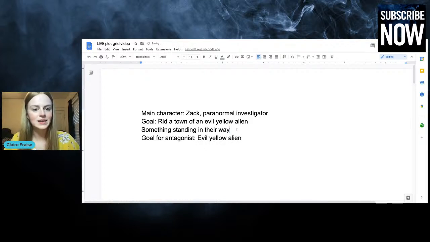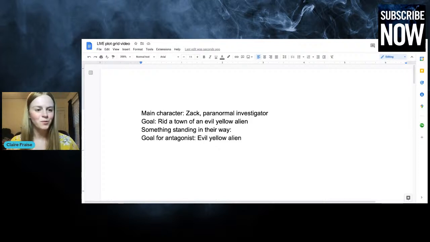And what's standing in Zach's way of defeating this evil yellow alien is that it has to have some sort of ability that makes it harder to defeat. There are so many different alien stories.